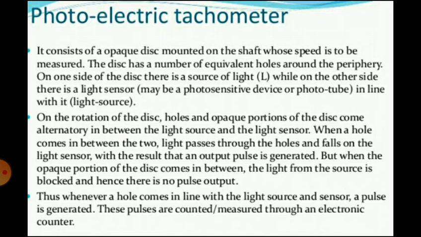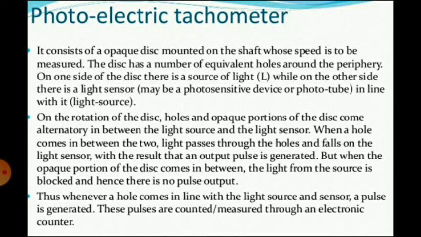But when the opaque portion of the disc comes in between, the light from the source is blocked, and hence there is no pulse output. Thus, whenever a hole comes in line with the light source and the sensor, a pulse is generated. These pulses are counted or measured through an electronic counter. So there is a counter to count the pulses.